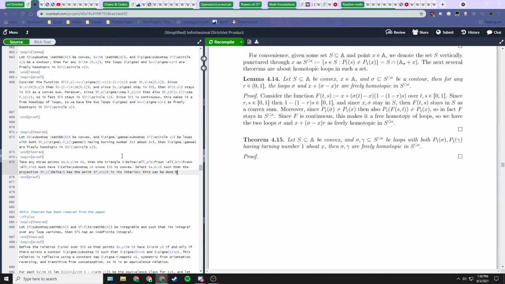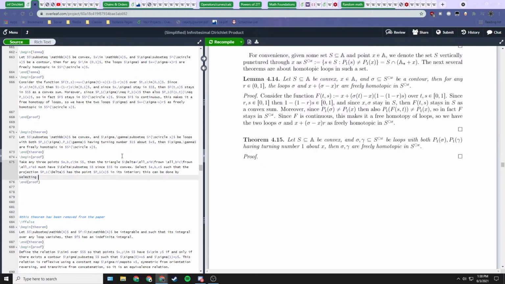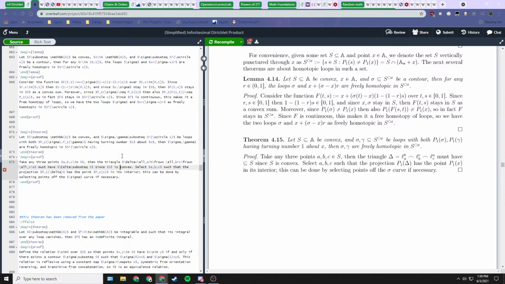This can be done by selecting points off the sigma curve if necessary. Actually, we can say, well, let's see, what type of did we make? There.